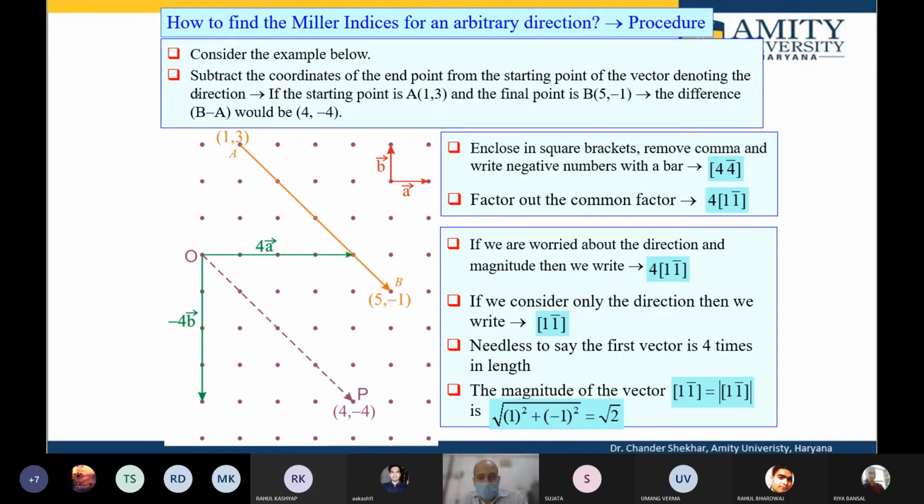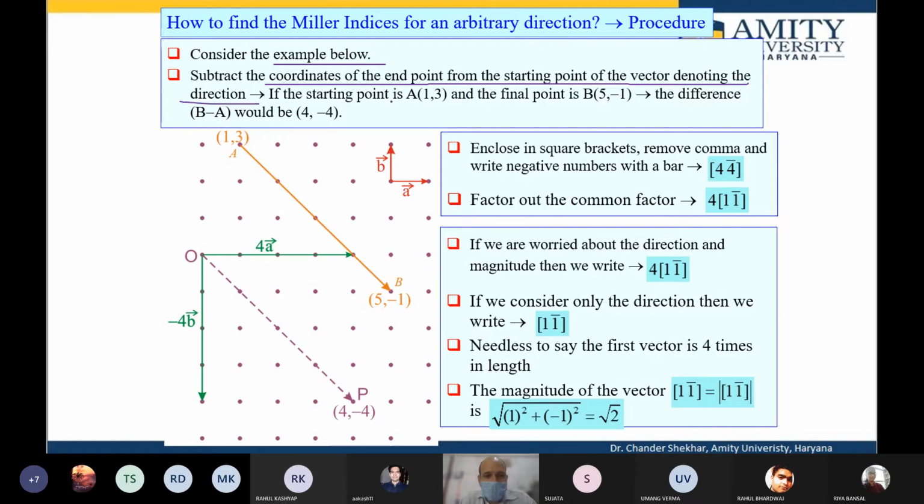If there is an arbitrary direction, what should we be doing? Suppose there is this direction from point 1, 3 to say 5, minus 1. What needs to be done is to subtract the coordinates of the starting point from the end point of the vector denoting the direction.